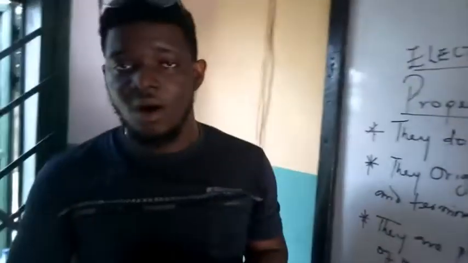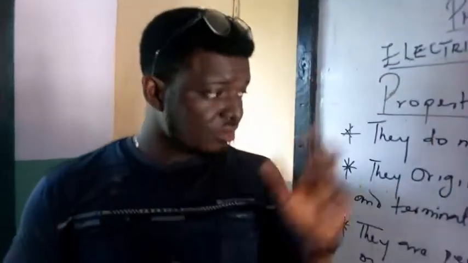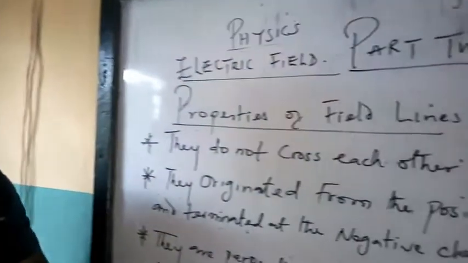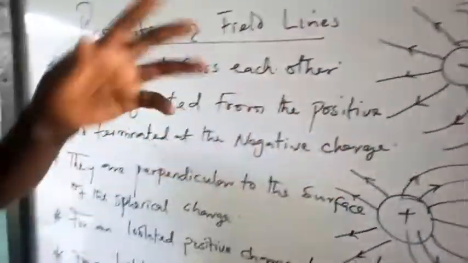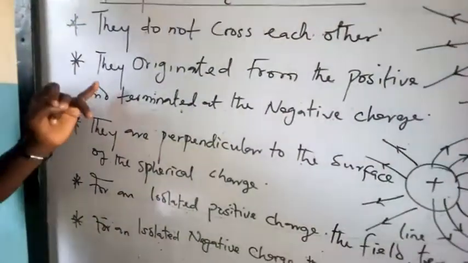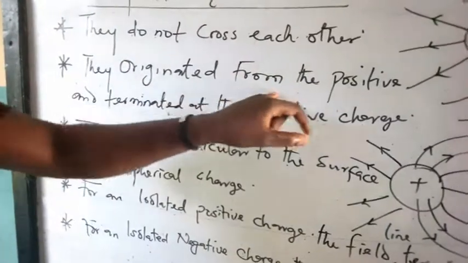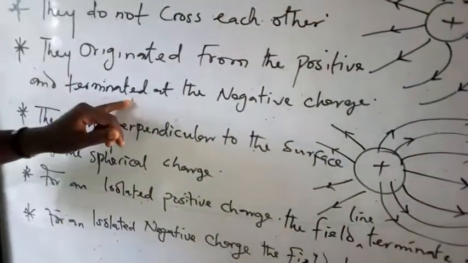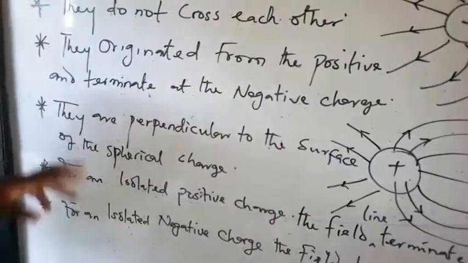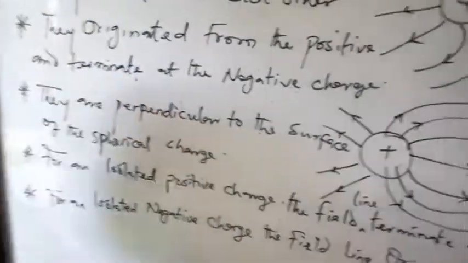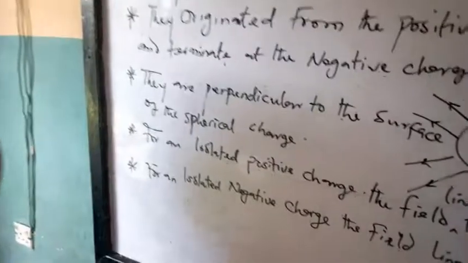So these are the properties of field lines. They do not cross each other. You don't need to cram, please. That's why I'm drawing and explaining it. They originate from the positive charge and terminate at the negative charge. They are perpendicular to the surface of the spherical charge.